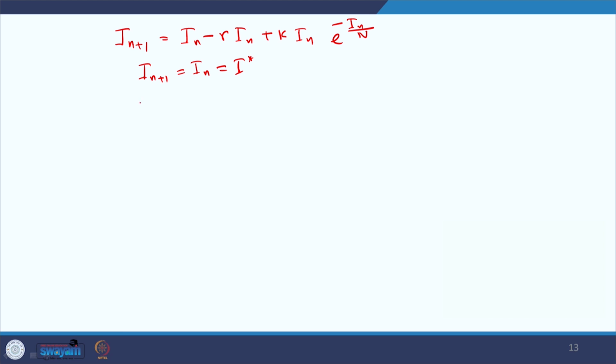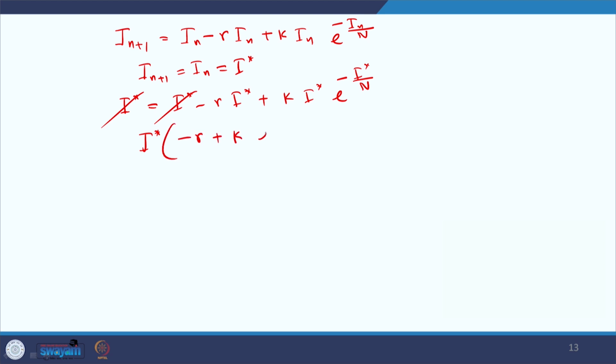And if we do that, we will get I star equal to I star minus r I star plus k times I star e to the power minus I star divided by n. This I star cancels, and if we take I star common from here, you will get I star times minus r plus k e to the power minus I star by n equal to 0.